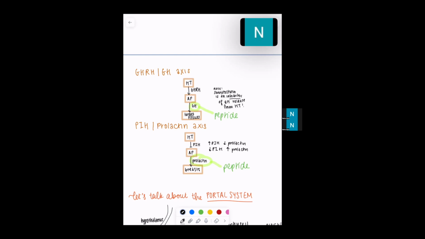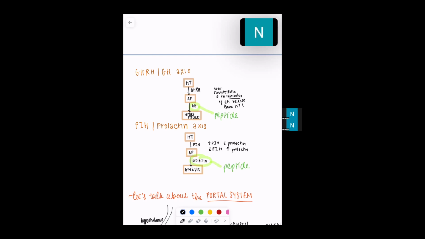In this case, we have an inhibitory hormone secreted from the hypothalamus. So that will inhibit the anterior pituitary from secreting prolactin to its target tissues. And prolactin is also a peptide hormone, so again, will signal through a receptor on the plasma membrane.